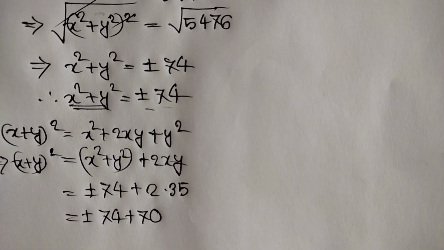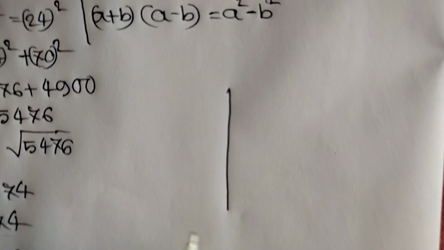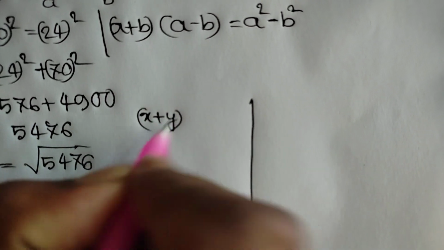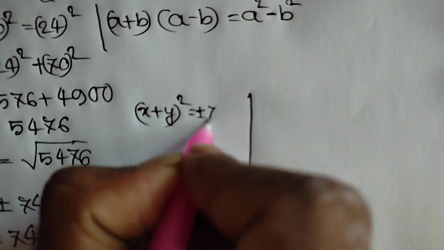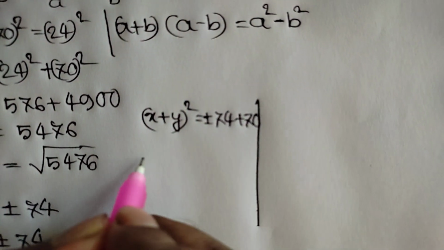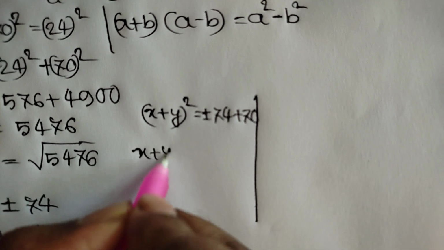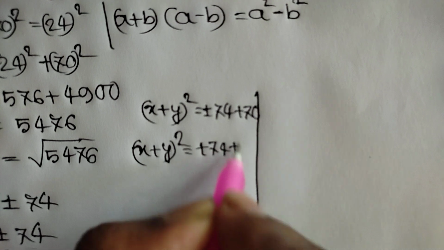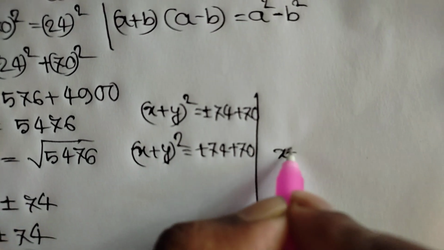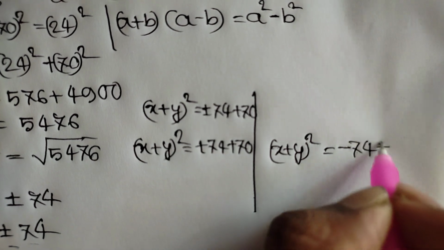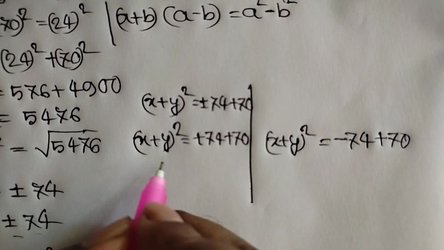Attention, here there are two solutions, so we can write x plus y whole square is equal to plus or minus 74 plus 70. So there are two solutions: x plus y whole square is equal to plus 74 plus 70, and x plus y whole square is equal to minus 74 plus 70.